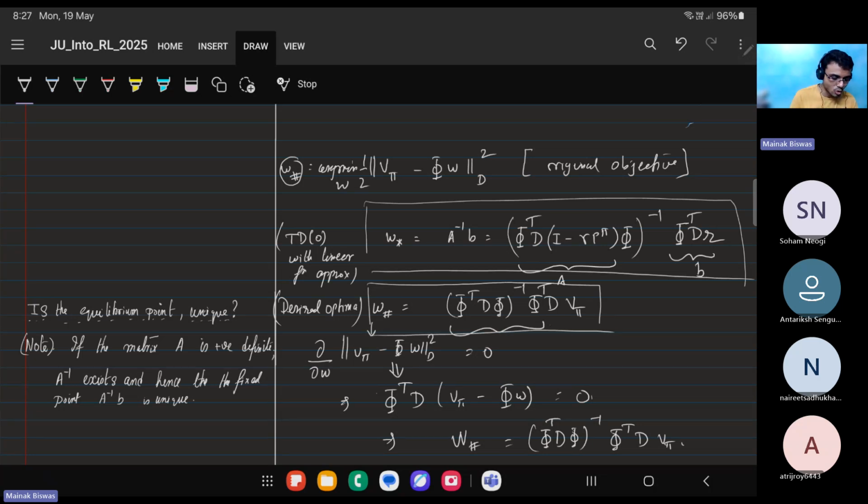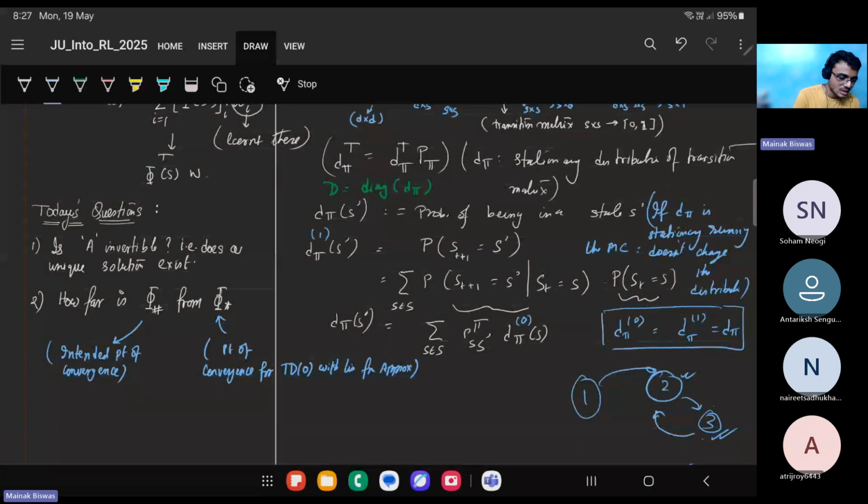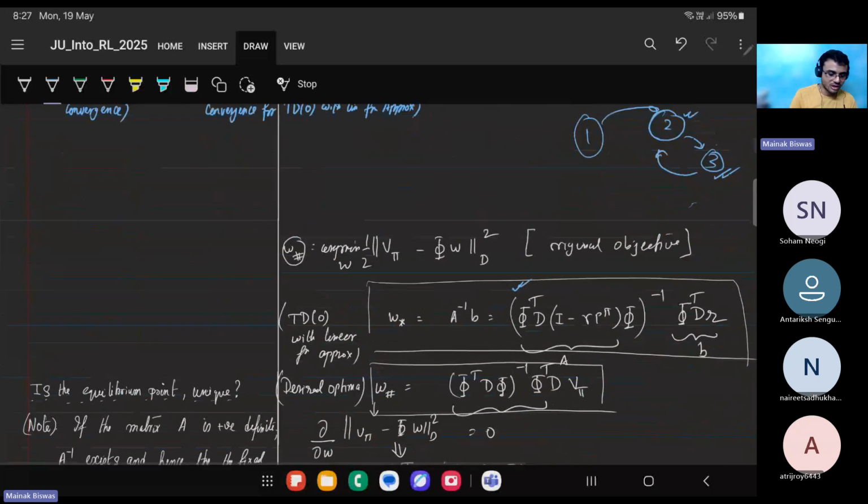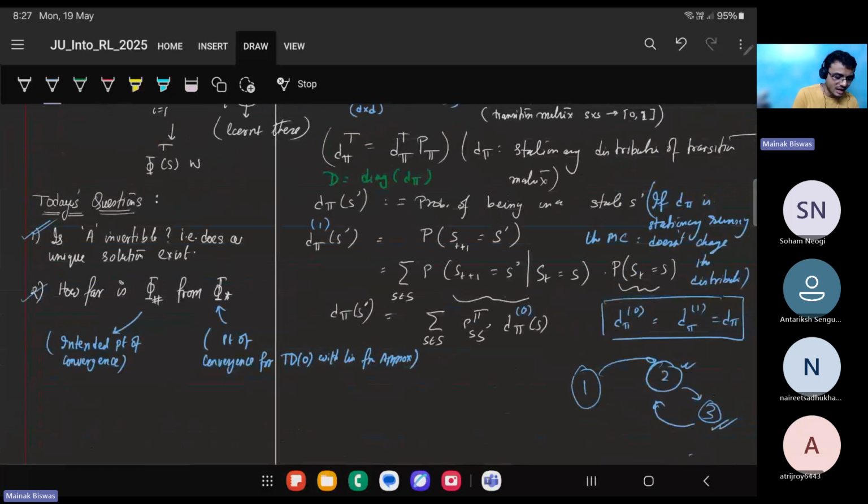Today's two interesting questions: first of all, is A invertible? We have inverted A, correct? The easy question, is A invertible? And the second question is how far is W hash, that is the intended point of convergence, from the convergence point of the TD0 algorithm with linear function approximation. Any questions?